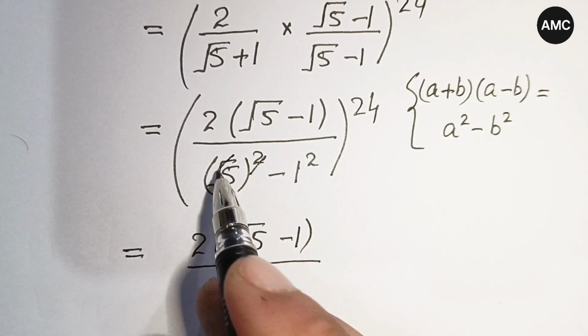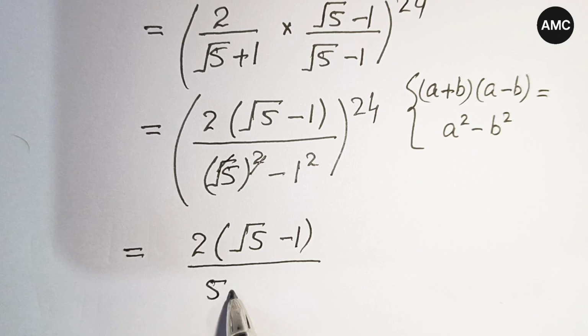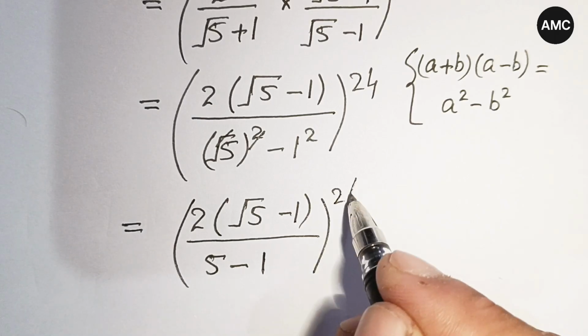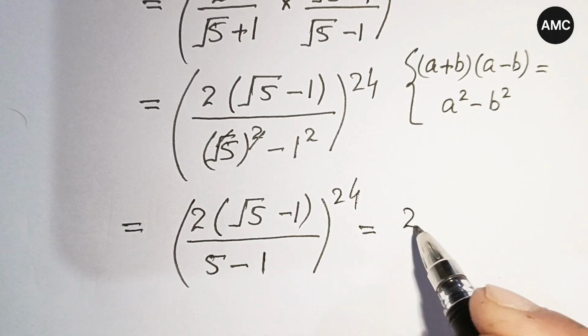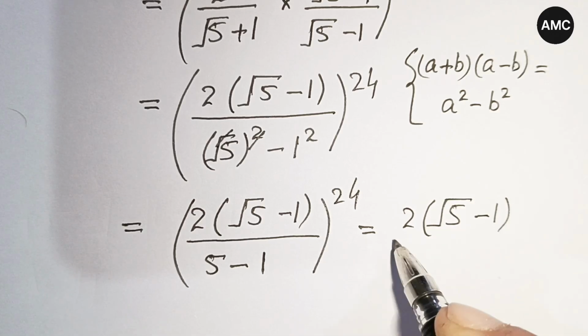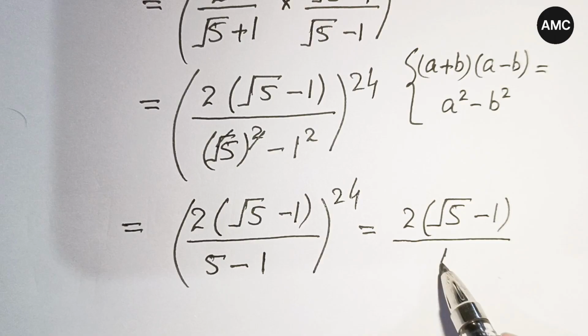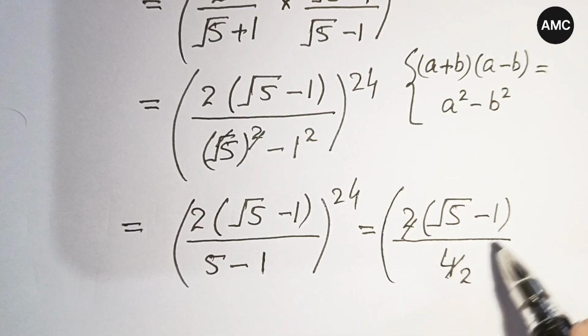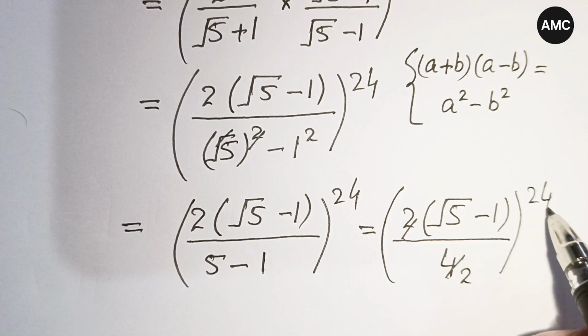Here the square cancels out with the square root, we get 5 minus 1 squared is 1, whole to the power 24. Now we have 2 times the square root of 5 minus 1 all over 5 minus 1 is 4, so 2 1s are 2, 2 2s are 4, whole to the power 24.